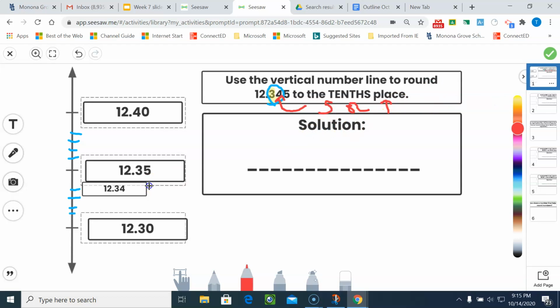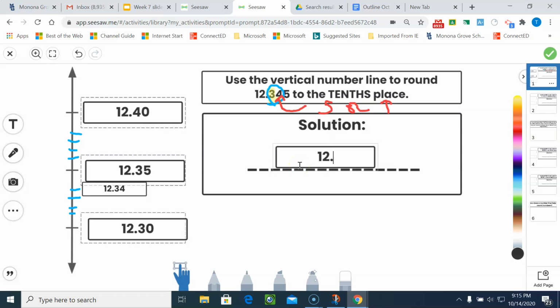So if it's 5 or bigger, the rule of rounding is that you go up. If it's less than 5, you're going to go back down or keep it at the 10th or 100th that it was at. So let me put a little text box in there, and then we are just going to put our solution in. So we can see that 12 and 3/400 would be rounded back to 12 and 3/10. Let's plug that in.